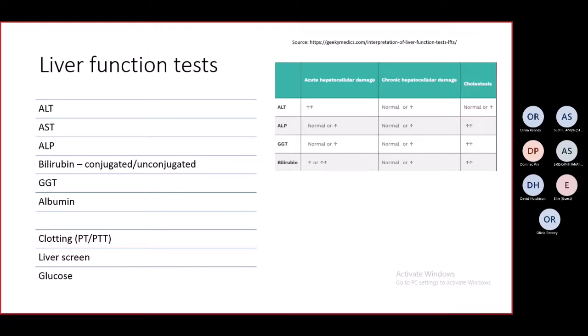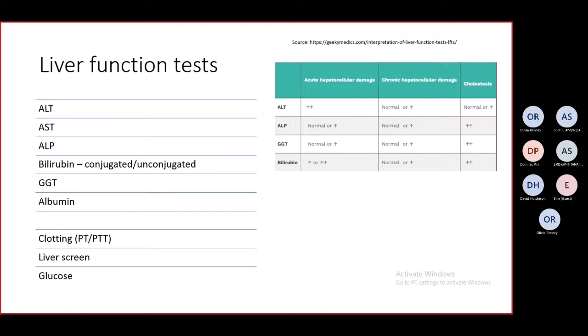And then why might liver function tests be normal with chronic hepatocellular damage? That might be someone who has been a long-term alcoholic, or they might have had a virus that's slowly destroying their liver. Your liver can compensate, and it can be like, okay, so we're living with this hepatitis virus, cool, let's just get on with life, and it can adapt, which is why your LFTs might actually be normal if they've had a long-term problem, although it takes a while for them to adapt.